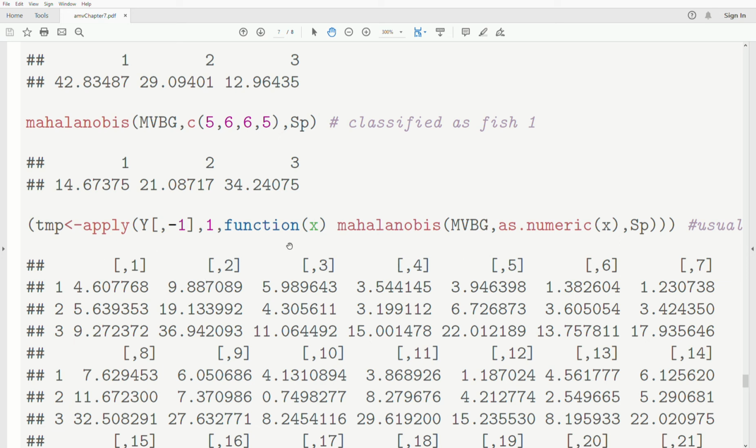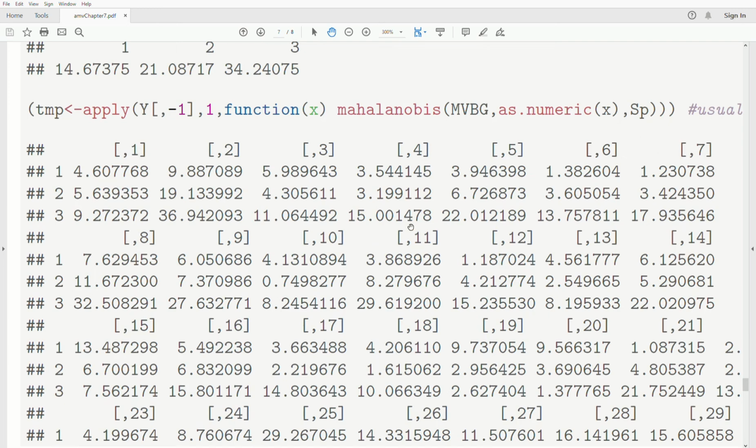So each observation, the first observation in our sample, we compare it against the mean vectors for each group, and this is it. So we would classify the first observation into group 1. We'd classify the second into group 1. The third observation we classified into 4. So we're just seeing how well our rule is going to be applied.